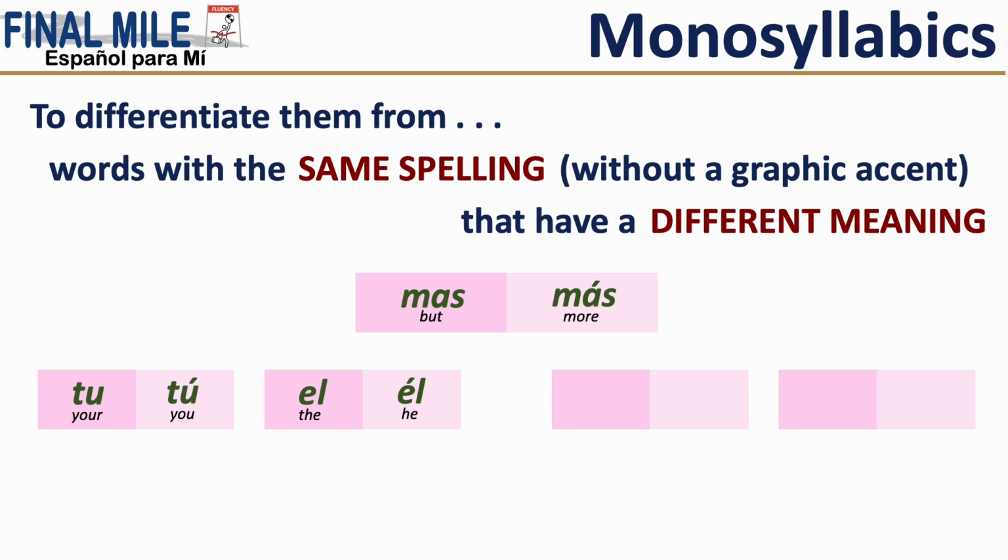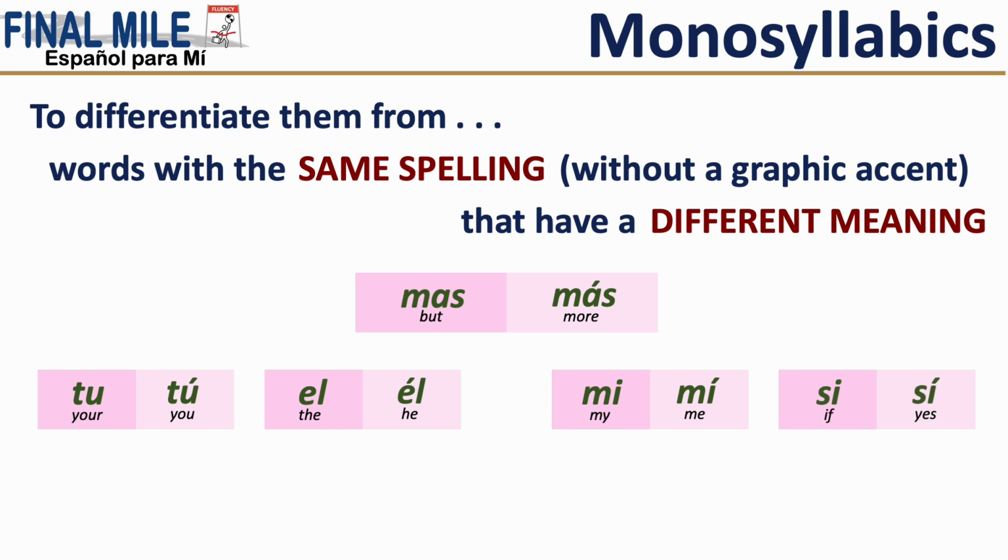El carro, the car. El with an accent means he. Él come, he eats. Mi without an accent is my car, mi carro. Mí with an accent means me, to me. He gave it to me. Okay.